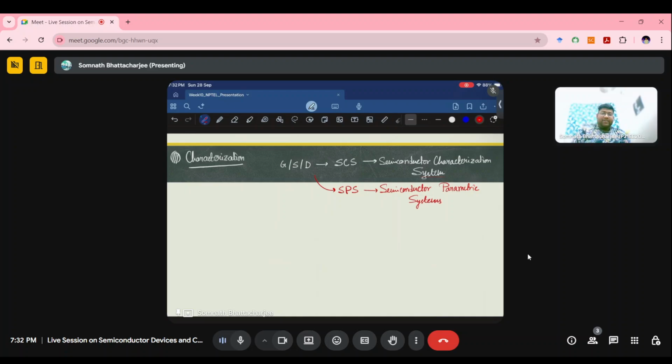These are different devices that can be used to characterize these devices.